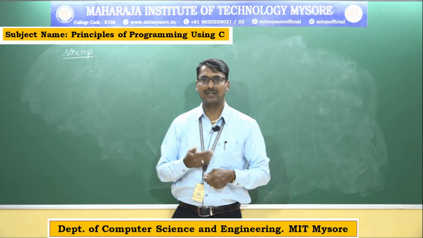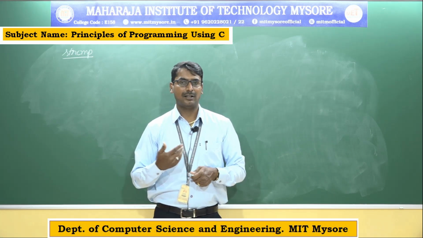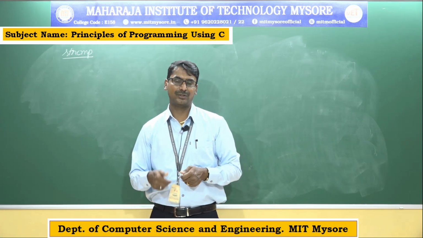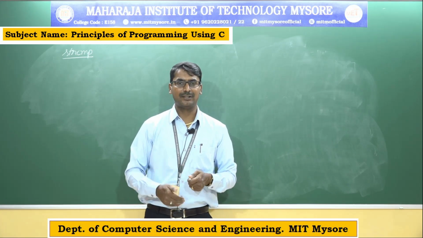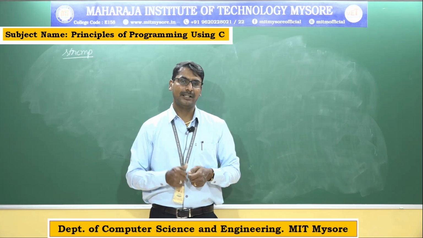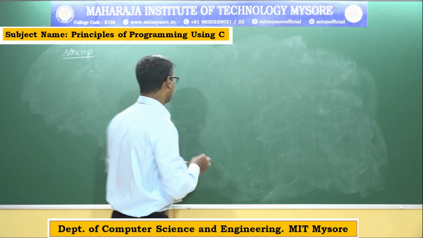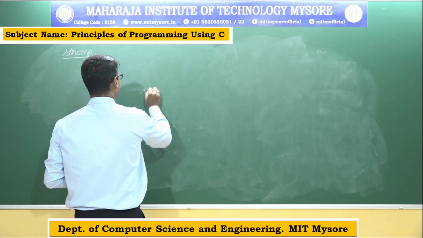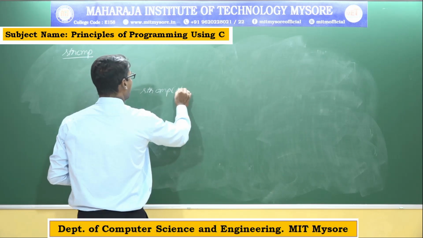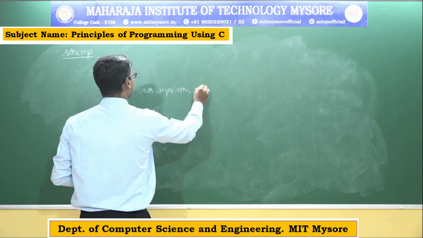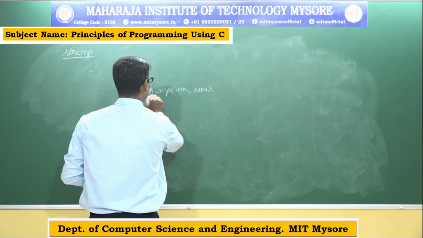So when you perform a string comparison operation, the strcmp function returns a 0 value or a non-zero value. If it is 0, the strings are equal. If the value is non-zero, then the strings are not equal. So the general form of string comparison is strcmp(str1, str2).